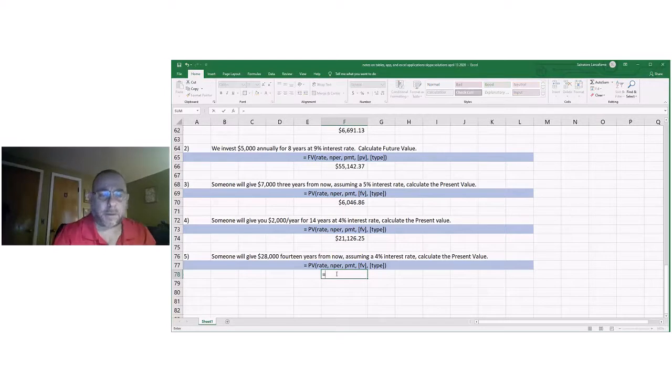Okay, so if you did it right, you're going to go equals PV, open the parentheses, the rate, 0.04, comma, number of periods, 14, comma. This is a one-time event, so therefore you're going to put a 0 in for payment.